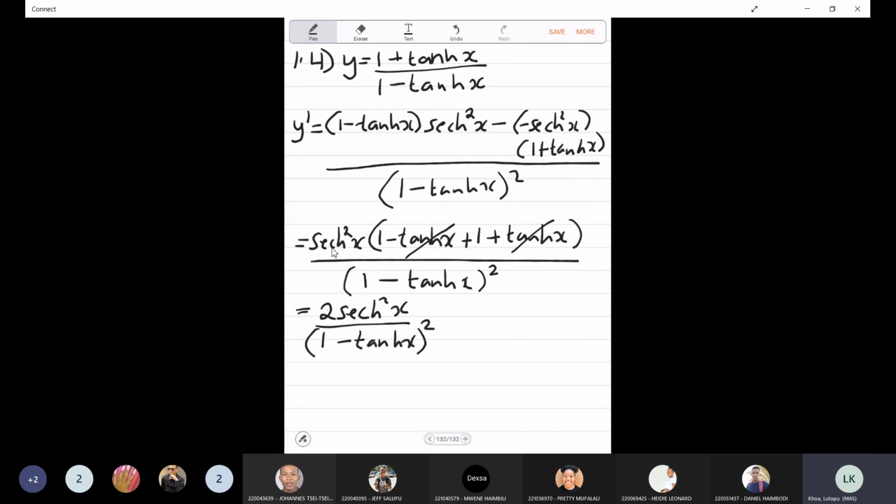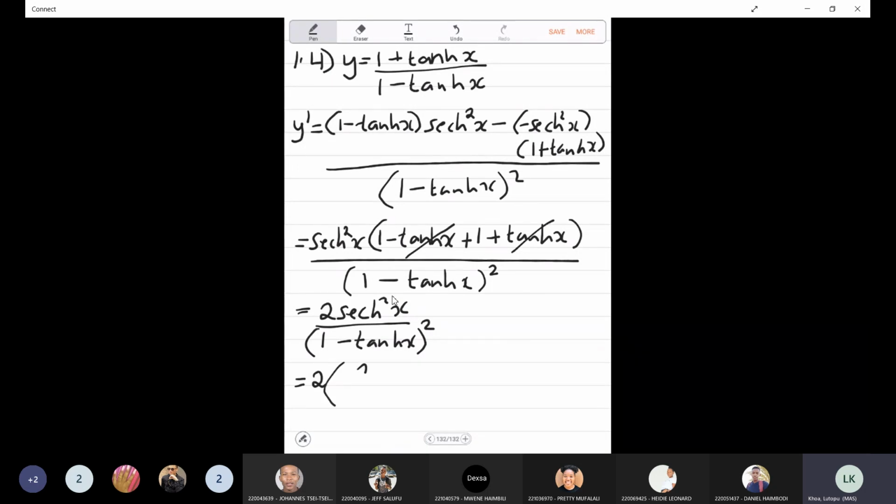And here the question said our answer must be in terms of e to the power of something. So we need to rewrite all of these in terms of e to the power of something. So doing that, this is 2 sech squared. Remember, sech is the reciprocal of cosh.